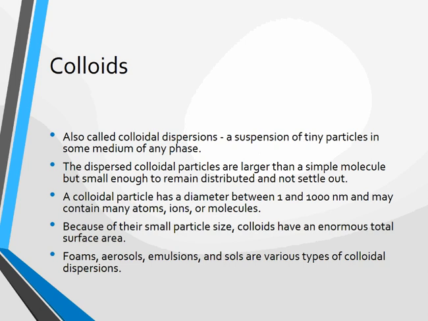A colloidal particle has a diameter between 1 and 1,000 nanometers and may contain many atoms, ions, or molecules. Because of their small particle size, colloids have an enormous total surface area. Foams, aerosols, emulsions, sols are various types of colloidal dispersions. Nothing to memorize here. These are just facts that we need to understand.